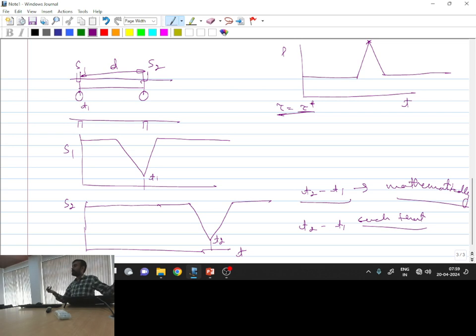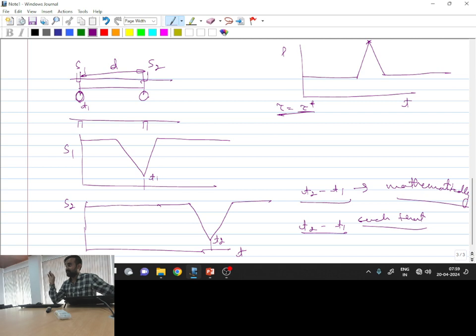Corresponding to that highest correlation, the bubble has moved from this point to this point. And by knowing the distance and the time from cross correlation, we can calculate the value of the velocity.